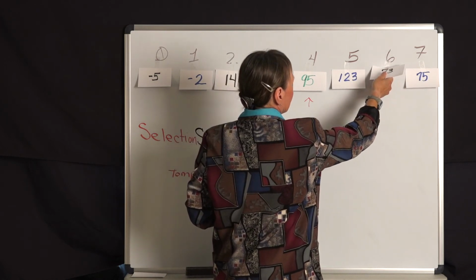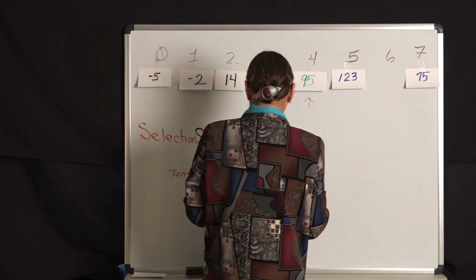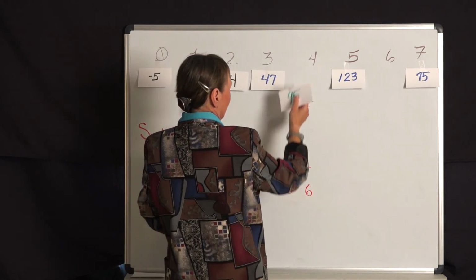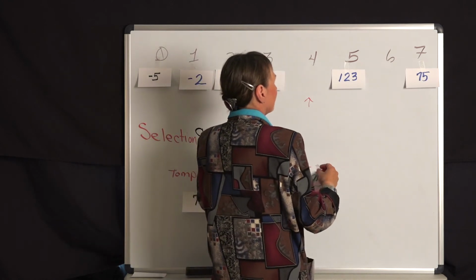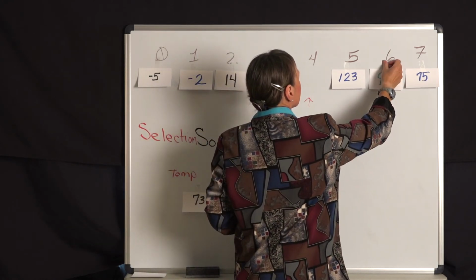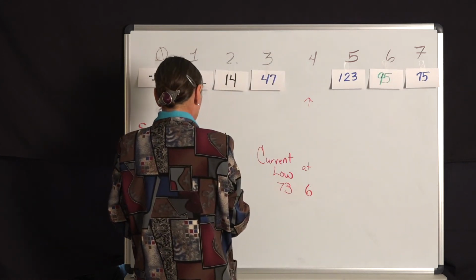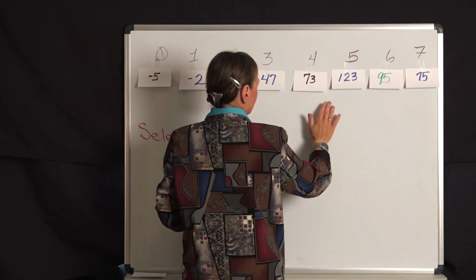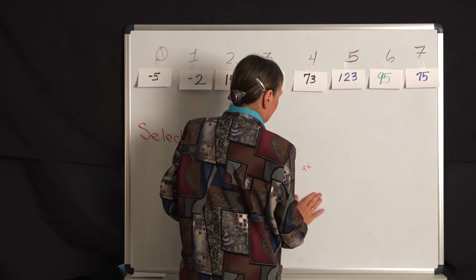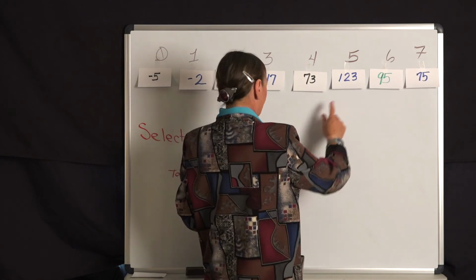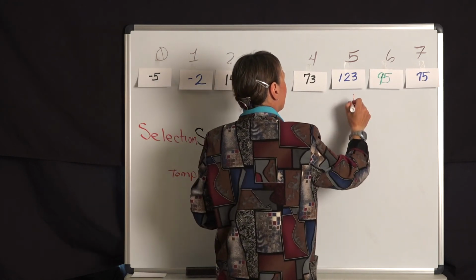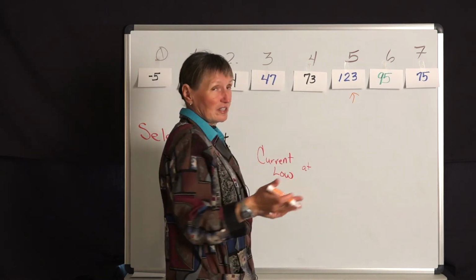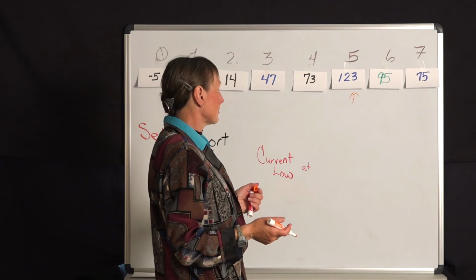So we take this and put it in our temporary location. We move 95 to the location it was at. We put that here. And note, now we start here at this list. Now note, as I said, we go through, we have much less to compare and sort with.